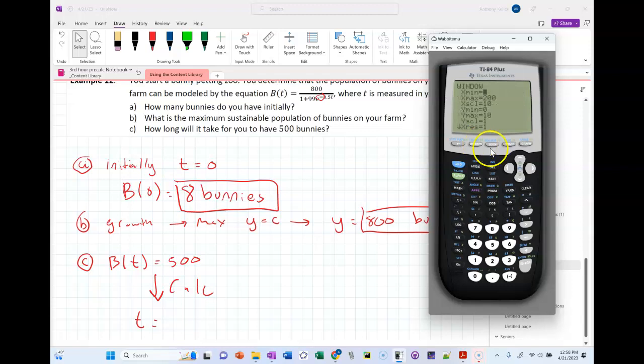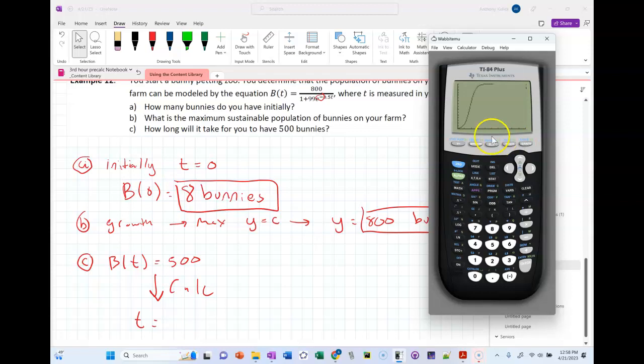So here we got to go back and reset our window. I'm guessing I'm not going to need 200 years there. Bunnies are renowned for their ability to reproduce quickly. So I know the maximum's 800, so let's go by 50s or something. Okay, that looks good.